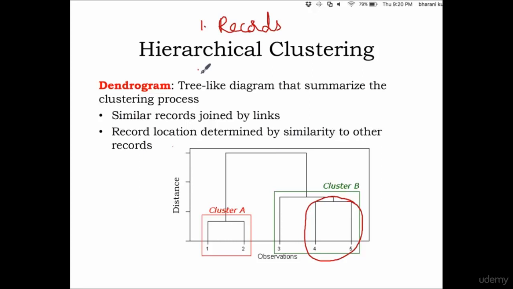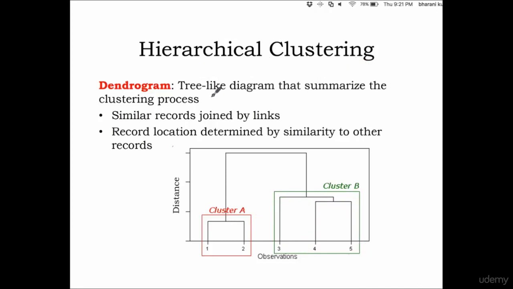The second thing is the distance between record 3 and this cluster, or a group rather. And the distance between 3 and this group is given using this, from here until here. So now you have two groups, cluster A and cluster B.